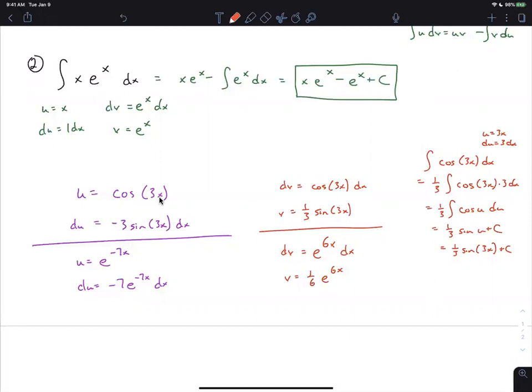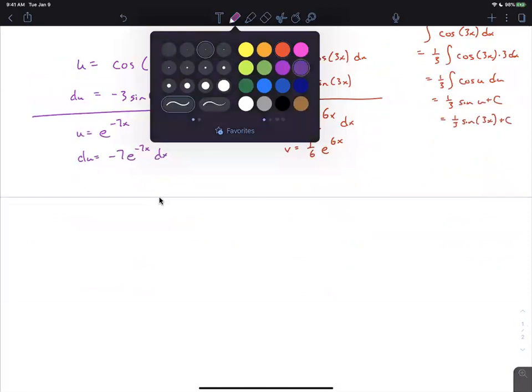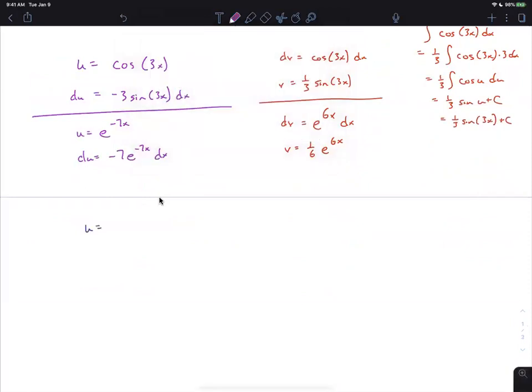And so then if we had on a different set, if dv was sine of 3x over 4 dx, du here, derivative of sine is positive cosine, and then we multiply by 3/4 because of the chain rule.